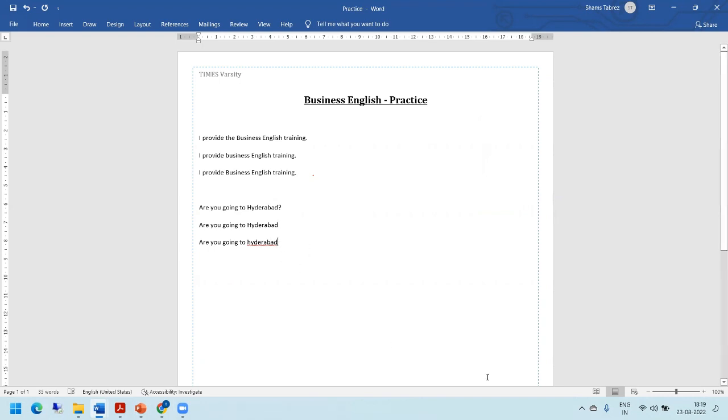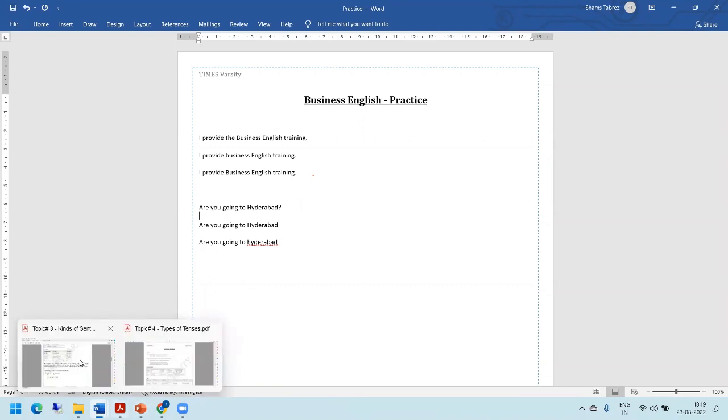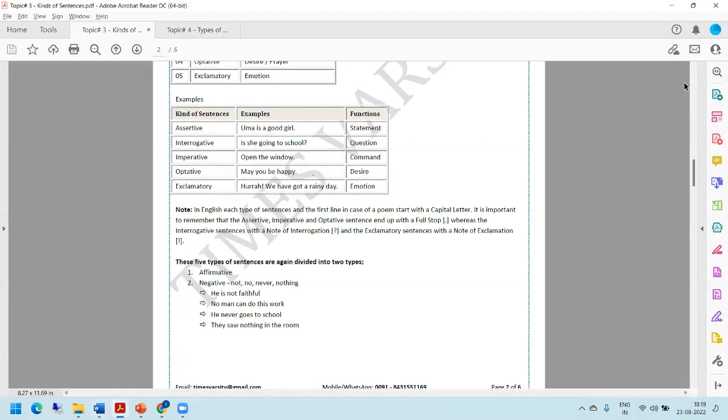Yes. So would anyone else like to explain this one? Yes. The first one is correct. Can you please read? Are you going to Hyderabad? Yes. So the first one is correct. Now, first of all, you need to tell me which type of sentence it is. Is it assertive or interrogative?